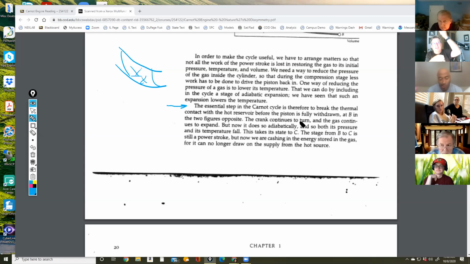But since I took it off the heat source, now I have an expansion that's adiabatic. All right. So the goal is to effectively remove it from the heated position while the piston is still going up. And that's at point D, between T1, T2, and T1. I want to fix that time of removal at exactly the right place.